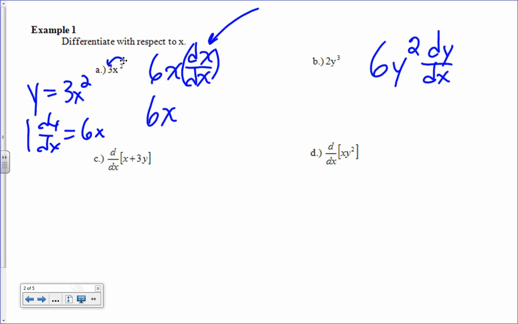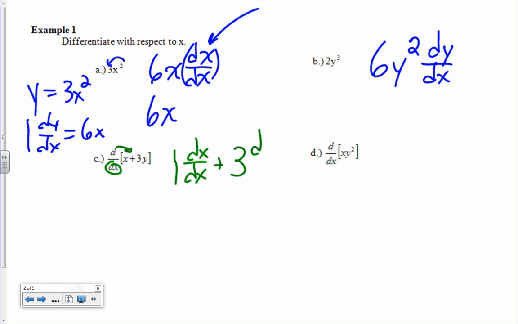Okay, so how about this one down here? It's the derivative of this stuff with respect to x. How about this first one? It's an x. So it's 1. And I'm going to keep writing this until you get it. Derivative of x with respect to x, right? Because that's actually what I took the derivative of in here, right? Plus 3y, so 3. Just using the power rule, right?